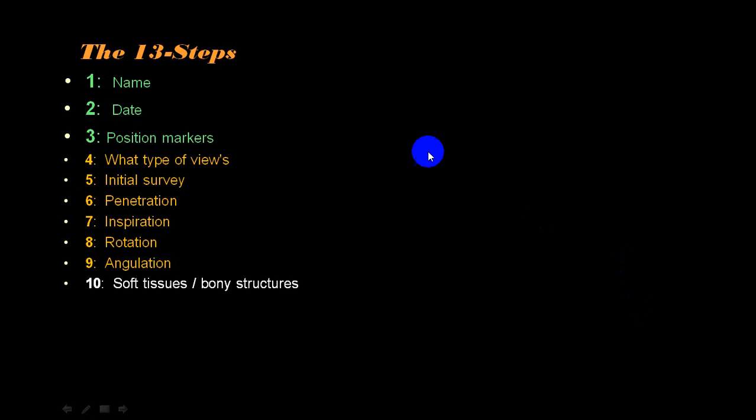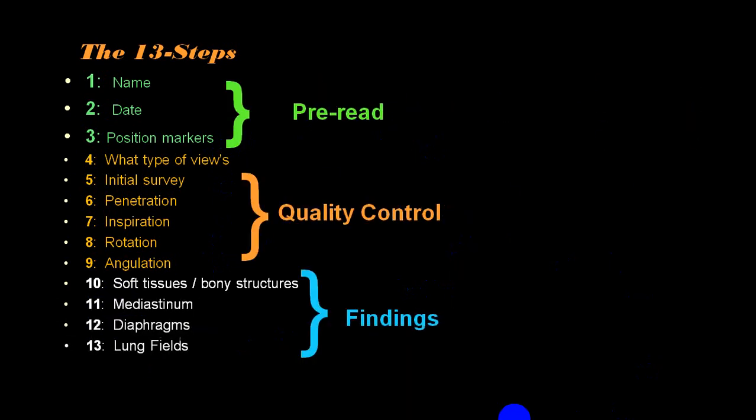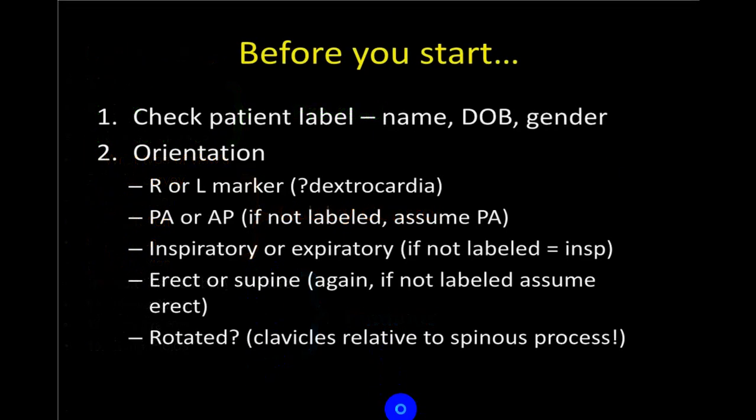So this gives you an idea regarding the technical quality of an X-ray. And then when you start reading an X-ray: soft tissue, bony structures, mediastinum, diaphragm, lung fields, etc. So you try to look whichever way. Before reading an X-ray, this is the quality, and this is what you are looking for in the findings. This is one way.